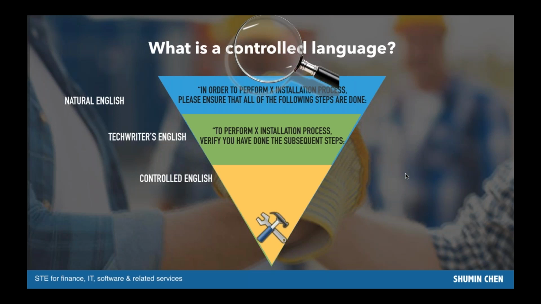However, this is not quite full-blown STE yet. As I've said, documentation is all about getting your message across. So if you had to write this sentence a bit better in STE, then it's simply, to install X, do these steps.